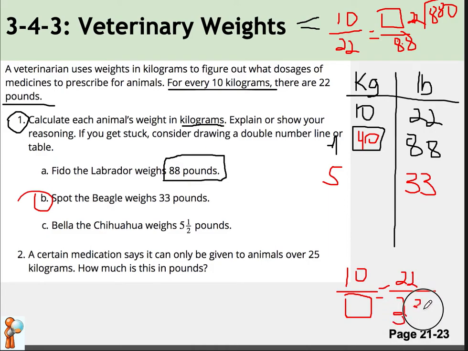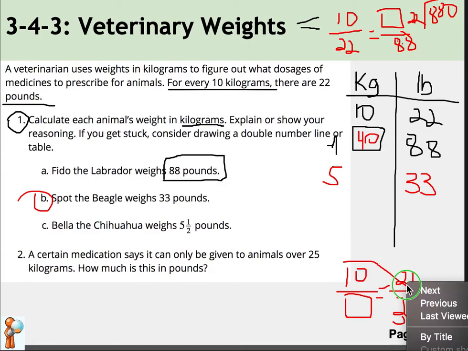So again, cross multiply, 10 times 33, which is 330, and divide that by 22.